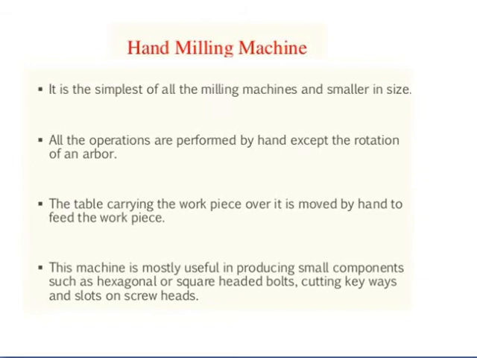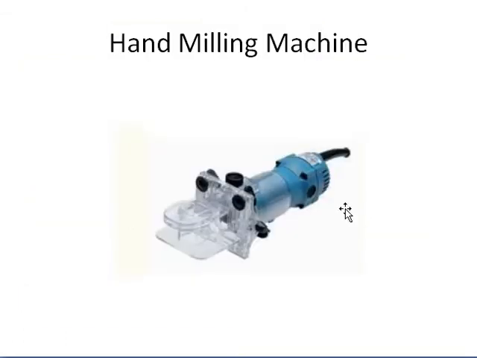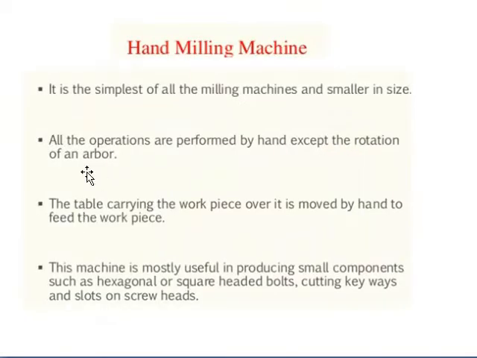So what is a hand milling machine? You can see the sketch: a hand milling machine can be held with the help of hand. It is movable as per the requirements. It is the simplest of all the milling machines and smaller in size. All the operations are performed by hand except the rotation of the arbor.